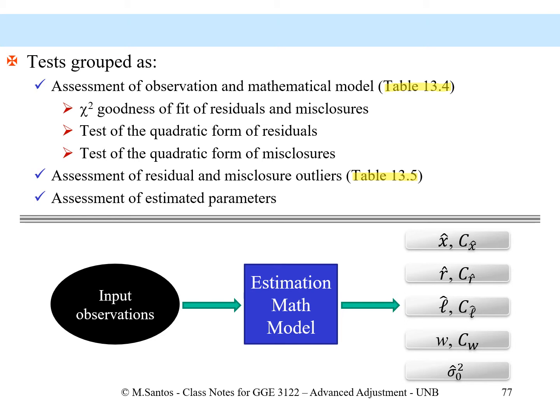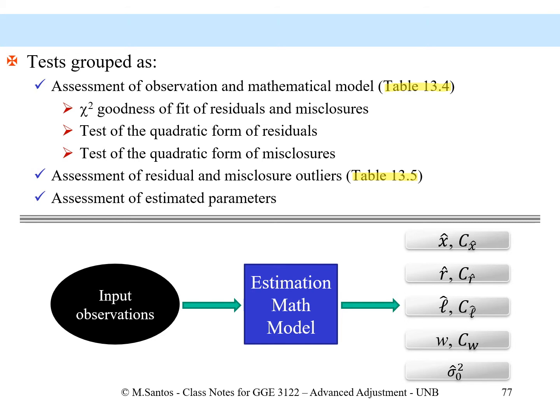Table 13.4 talks about the so-called chi-squared goodness of fit of residuals and misclosures. So we're looking at how residuals and misclosures organized in a histogram match a postulated probability density function.